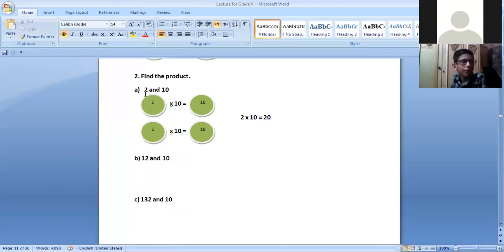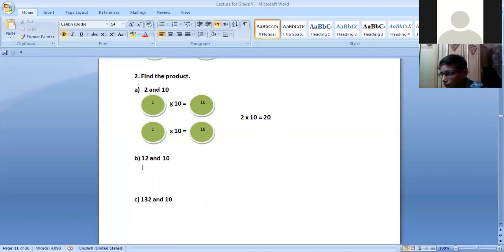Unit place means 1 multiplied by 10. 1 tens are 10, and here 2 हमने break कर दिया. We broke 2 in 1 place, 1 disk. 1 tens are 10, and 10 plus 10 is 20, or in a simple way 2 tens are 20.